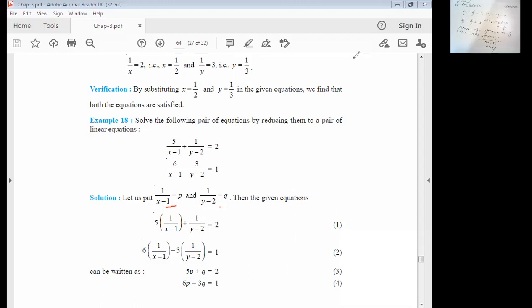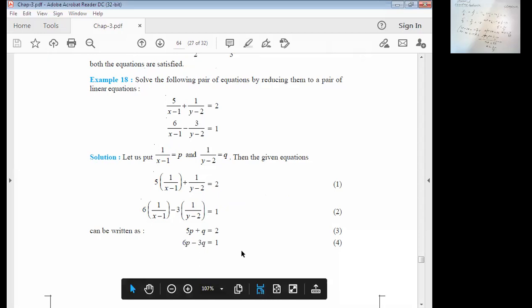Okay, so what will we get? After putting this substitution, we get 5p plus q is equal to 2 as equation number 3, and 6p minus 3q is equal to 1. That is our equation number 4.